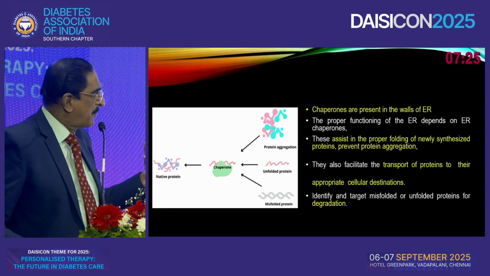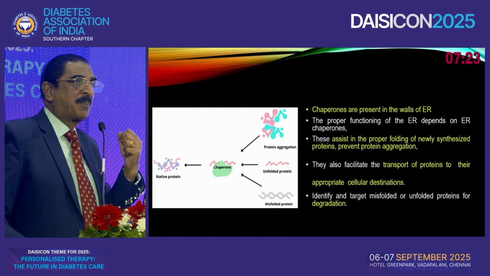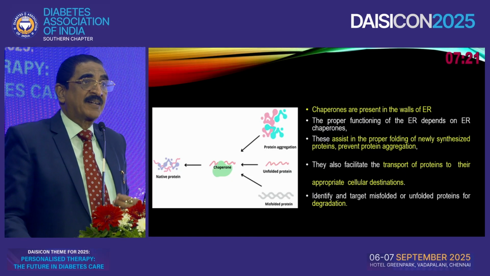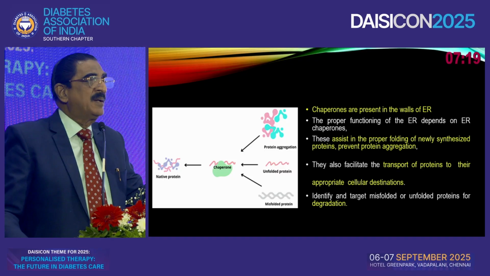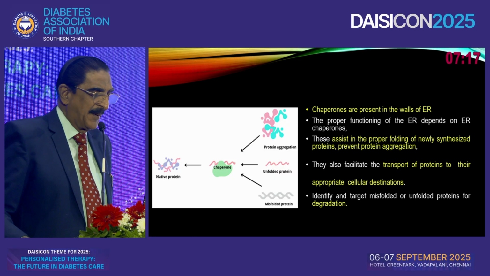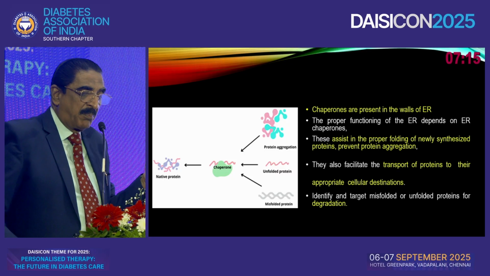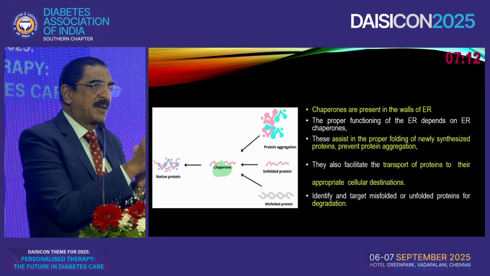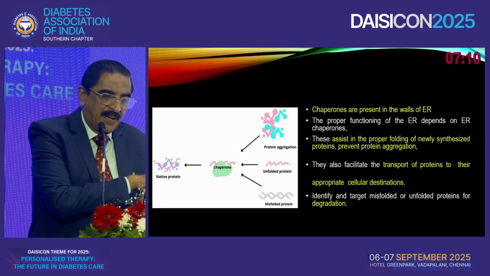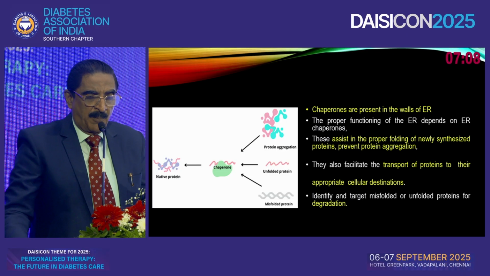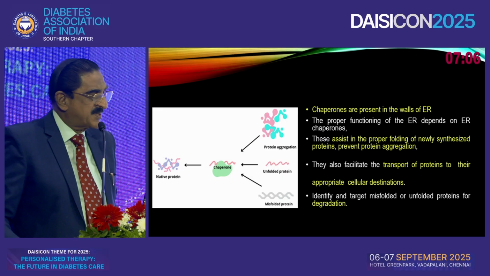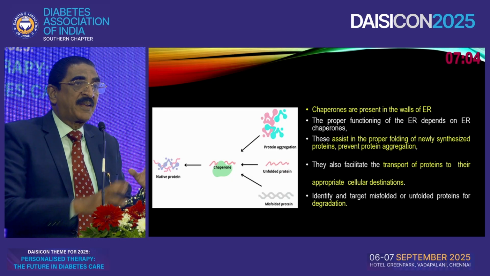So these chaperones are present in the wall of the endoplasmic reticulum. And the proper functioning of the endoplasmic reticulum depends on these chaperones. What are they? They assist in the proper folding. If this endoplasmic reticulum is not able to do that, they help in assisting it for proper folding, for proper synthesis of protein, and also prevent protein aggregation.